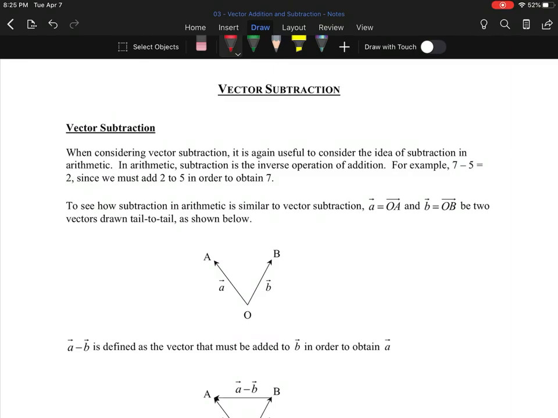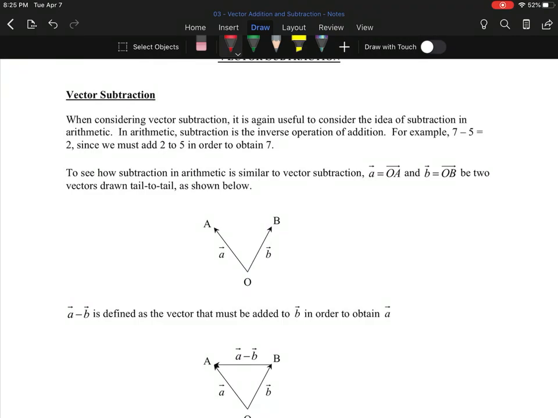That is the only way to really handle vector subtraction in a geometric concept. That is, if you want to do A minus B, what you want in the picture here is the vector that goes from B to A, like that. But this time, weirdly, not tip to tail like addition.